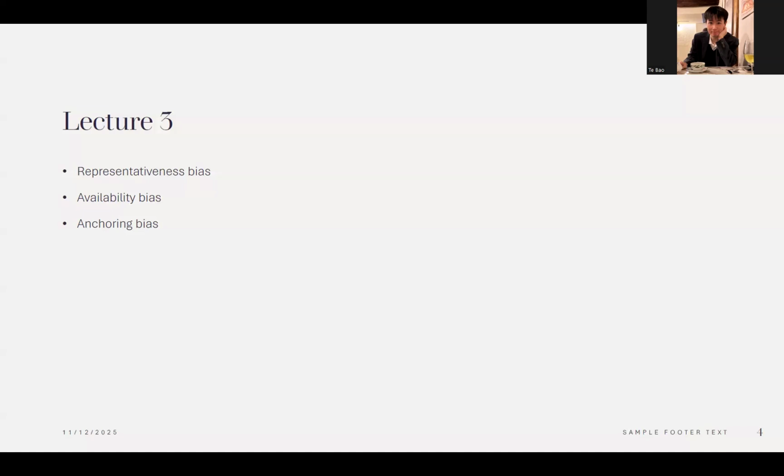even though typically salesmen are outgoing or extrovert, and librarians are introvert and quiet, it's still relatively easier and more likely for you to meet an introvert and quiet salesman compared to a quiet introvert librarian, because there are so many more salesmen around in Singapore compared to librarians. Also under representative bias, we have the blue car, yellow car problem.